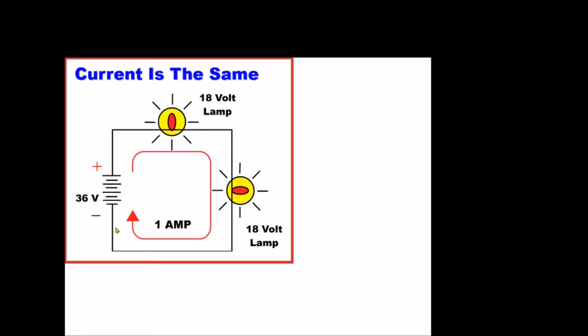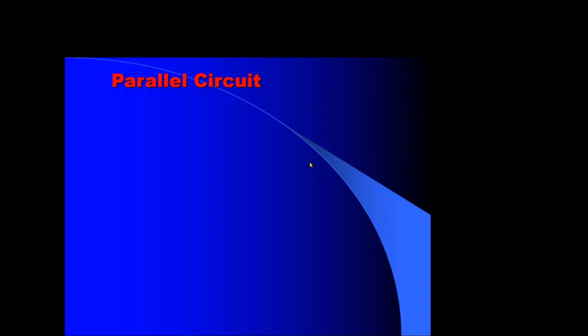We reference this point here and say it's 0 volts, but we still have current flowing through that line. And remember, if we reference our meter to battery positive, this is actually negative 36 volts. Okay, so current is the same throughout the circuit in a series circuit.